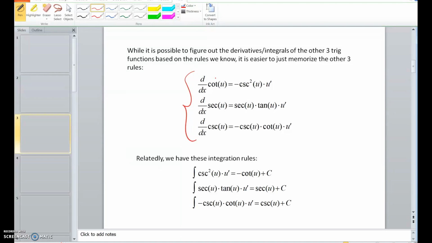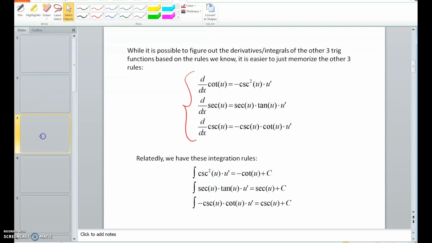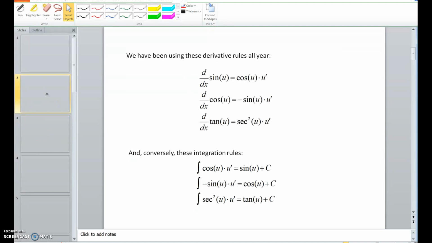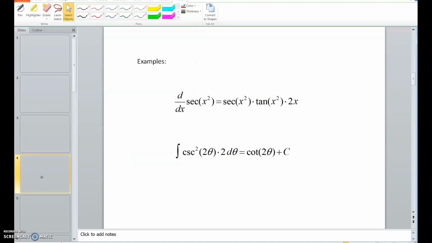So anyway, knowing these rules makes some problems just much faster. So you just need to add them to the list of rules that you can do, and there's really nothing that you can do except for just memorize them. Here's an example.